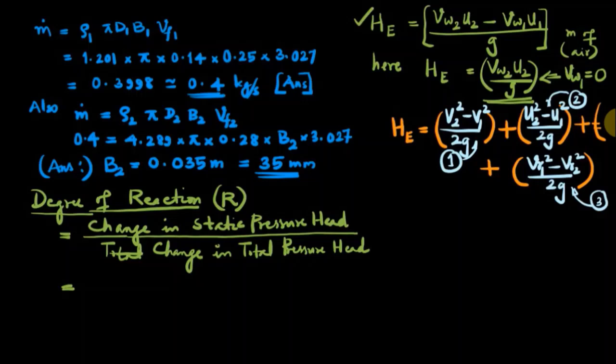Together, terms 2 and 3 represent the change in static pressure head, representing energy conversion. Also, U2 square minus U1 square by 2G is called the change in centrifugal pressure head, and VR1 square minus VR2 square by 2G is also called the change in relative velocity head, that is occurring due to the change in flow area.